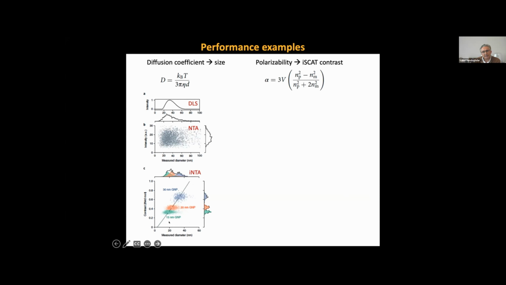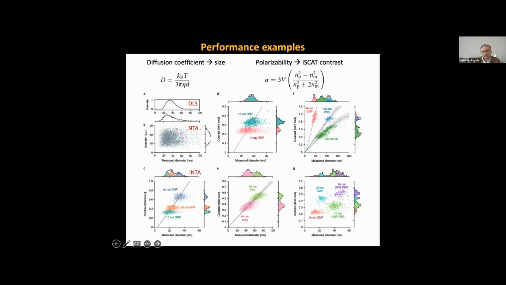But in INTA, we could separate these different clouds very clearly. And here are a few other examples of applications where we've mixed different types of very small nanoparticles and could show that nevertheless you can decipher them. I'm not going to dwell on this, but you can read the paper if you're interested in this.